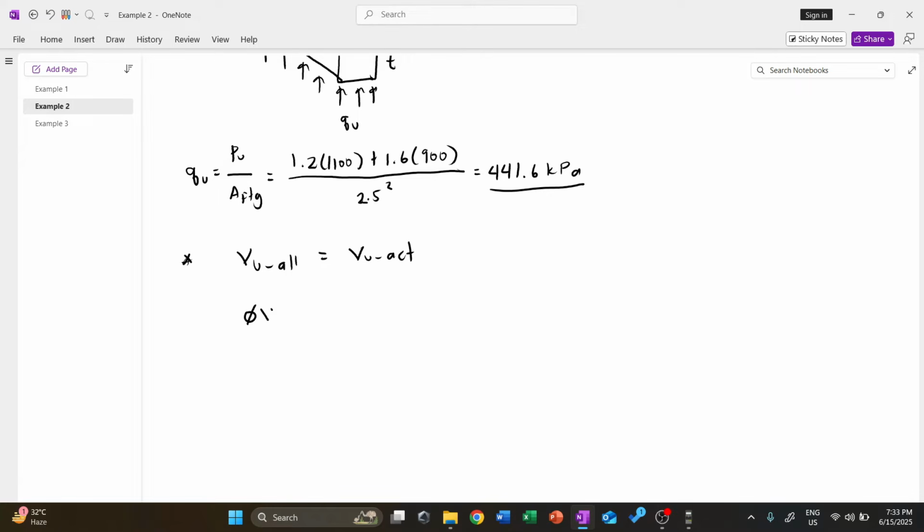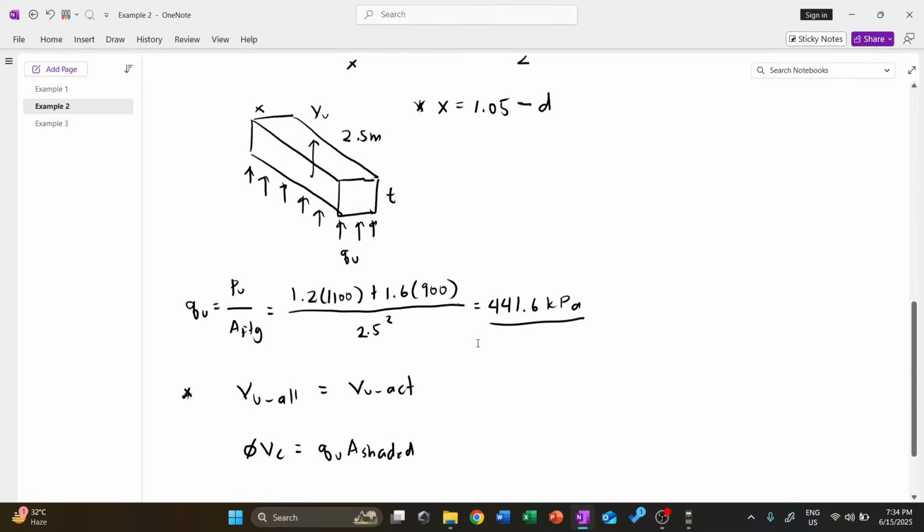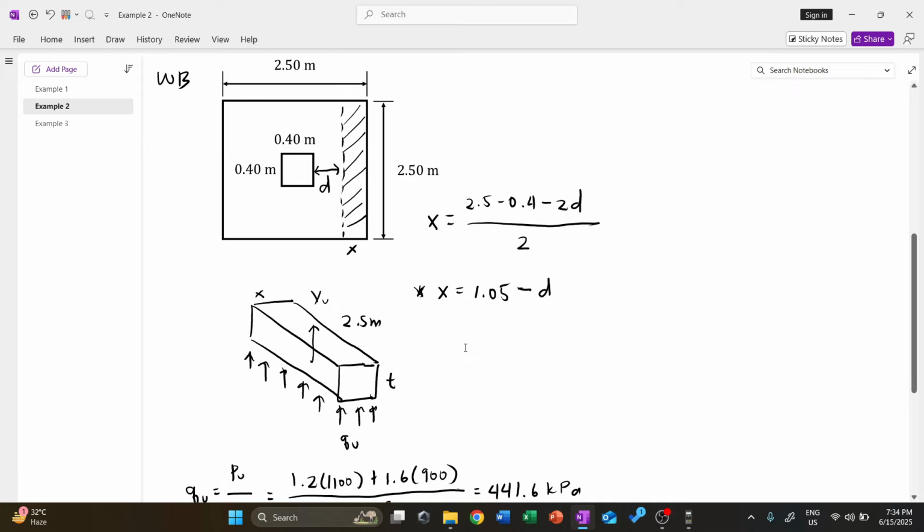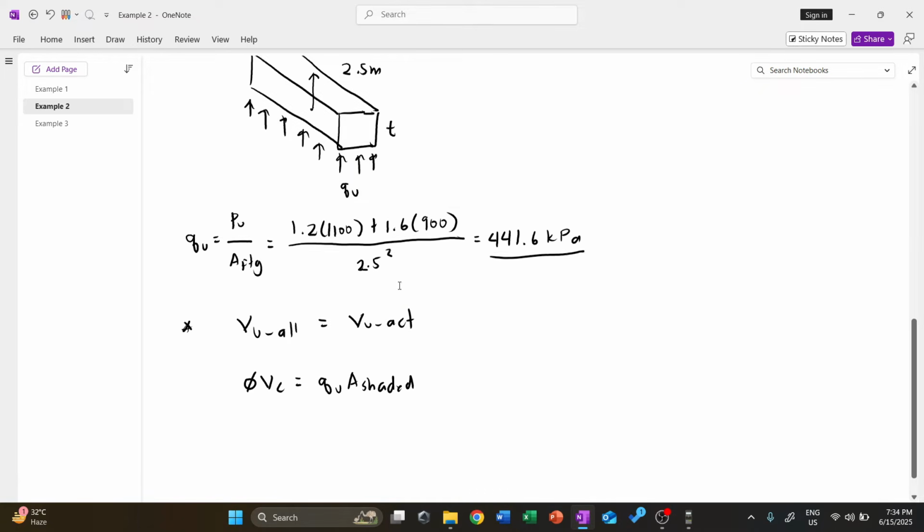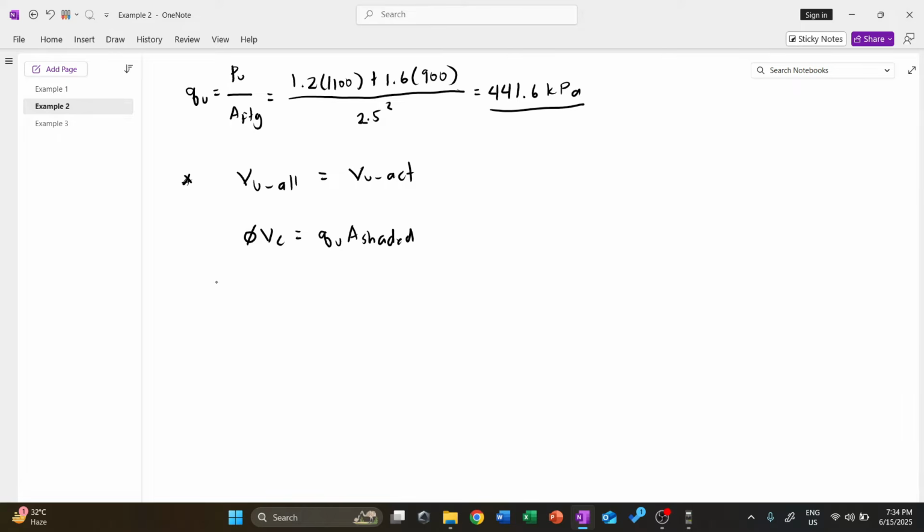This is the phi VC. And then, yung actual naman natin, this is in terms of the pressure. Okay? This is QU times area shaded. Okay? So, yan yung formula natin. Phi VC is equal to QU area shaded. So, ano yung area shaded natin? Yung 2.5 by X. Okay? So, yung phi natin dito is 0.75.